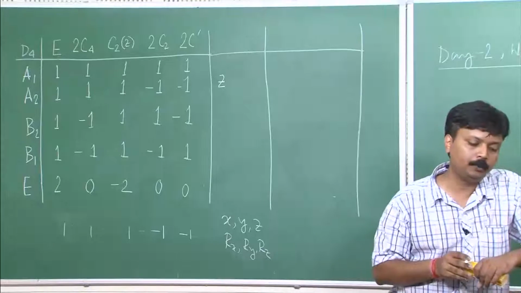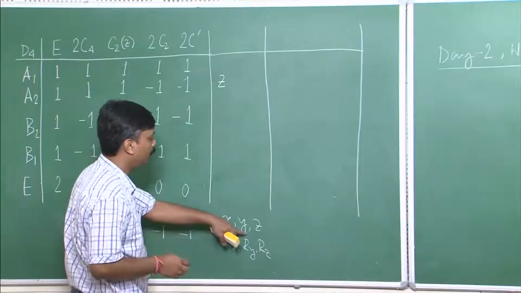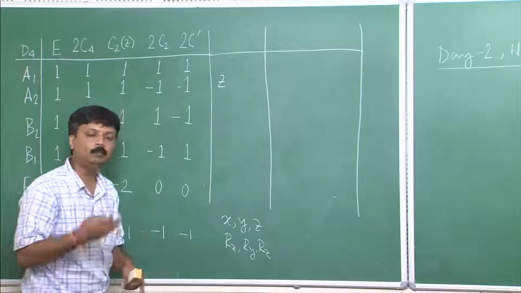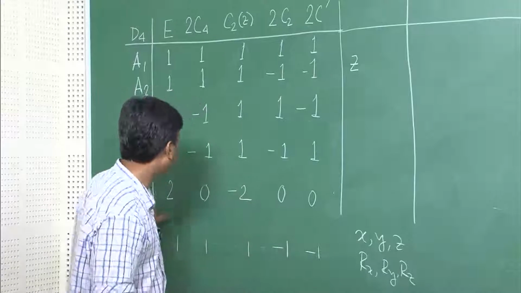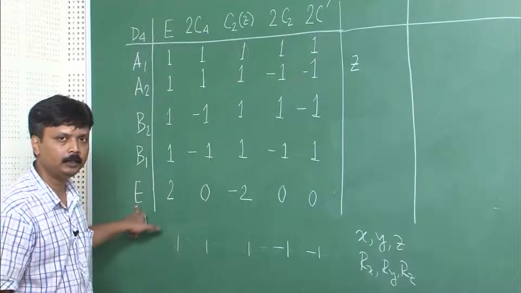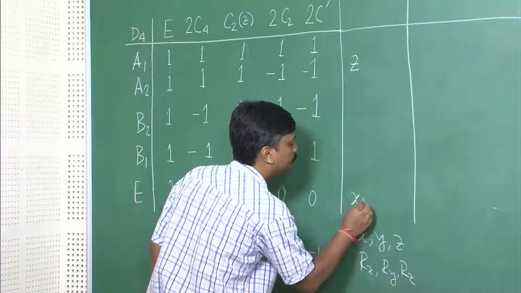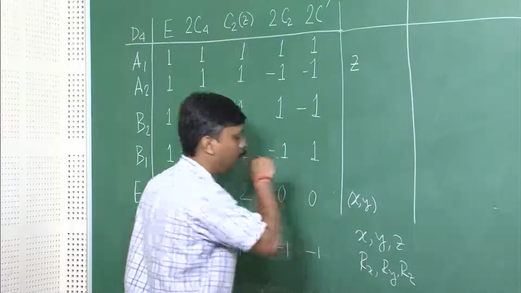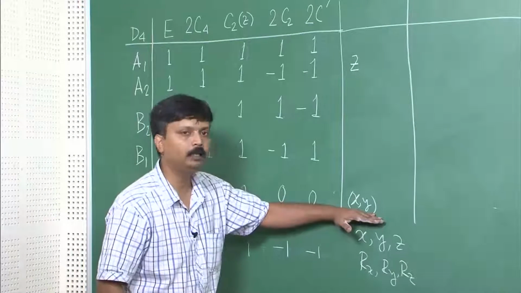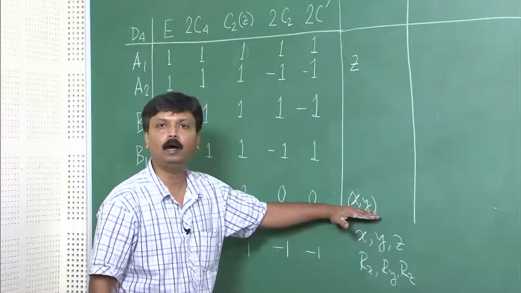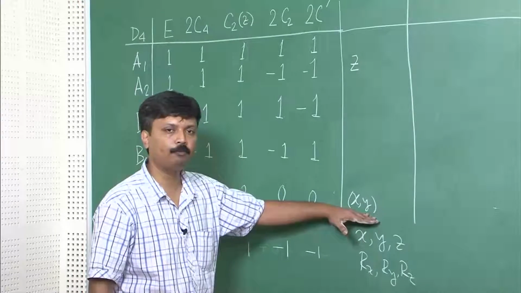Okay. So there we found that x and y together form the basis for this two-dimensional irreducible representation E. So what we can write is (x, y). Whenever you see this, you will realize that x and y are not separable, and together they form the basis.